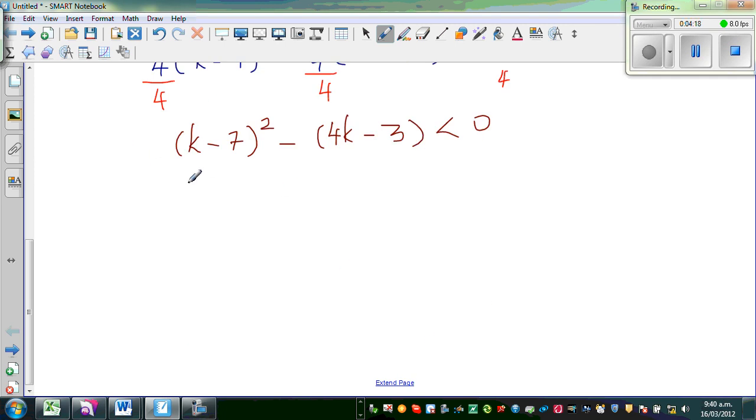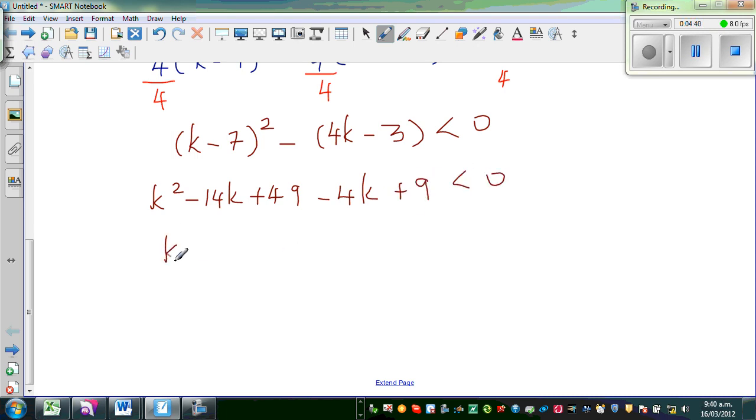Now let me expand this. This is k squared, and k minus 7 times k minus 7 gives minus 14k plus 49. You can expand it yourself. Then minus 4k plus 3 is less than 0.